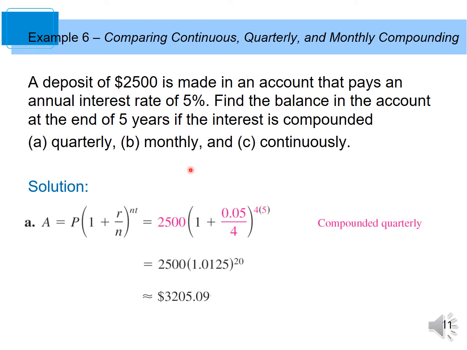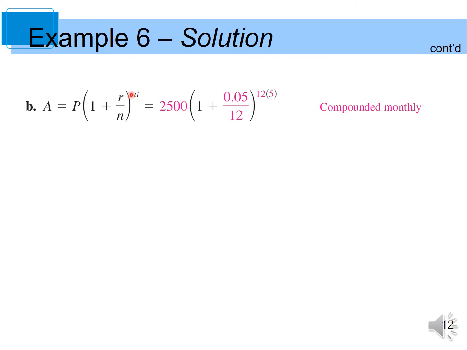And for monthly, you should know a year has 12 months. Look at B. So the N we change to 12 and you calculate.